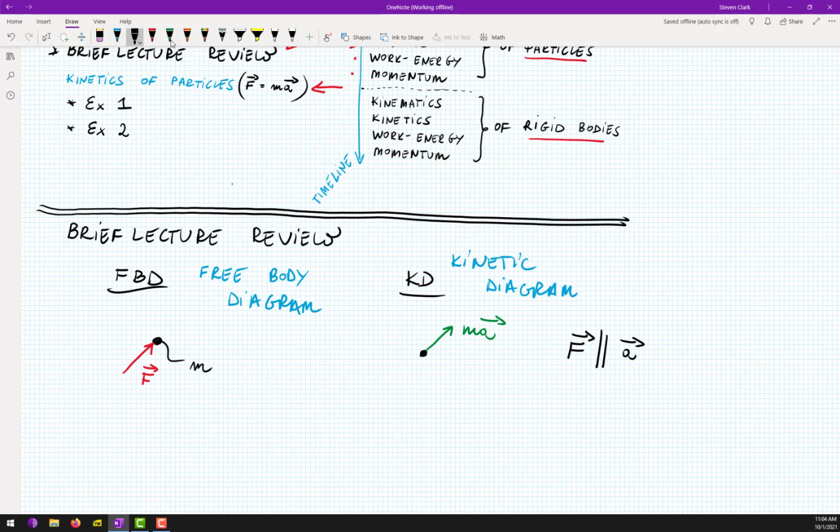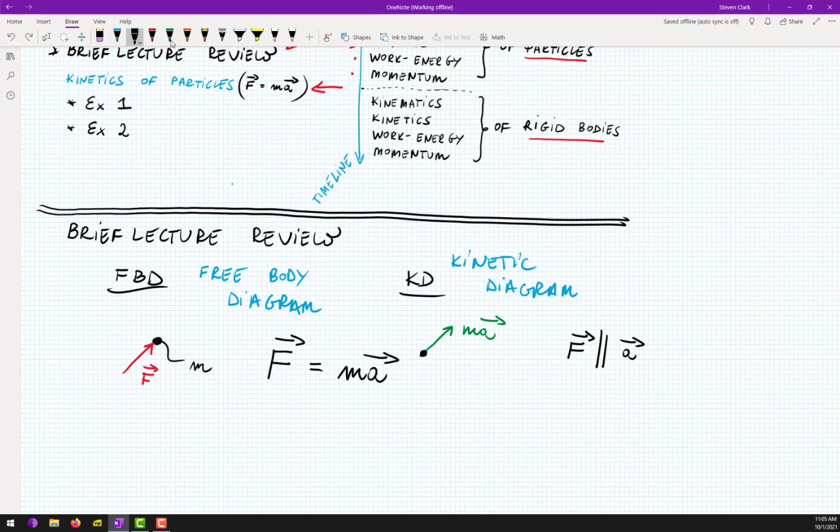Now you can clearly see that FBD is related to KD via this formula: F equals m a. Forces on FBD, accelerations on KD. Actually, not accelerations, inertia forces on the kinetic diagram. Questions?